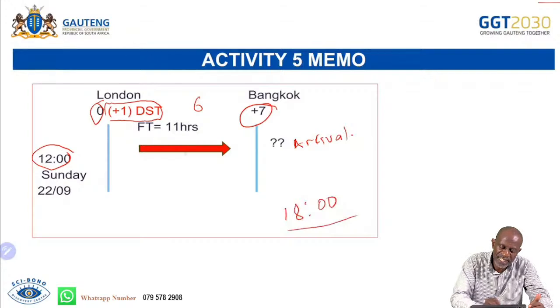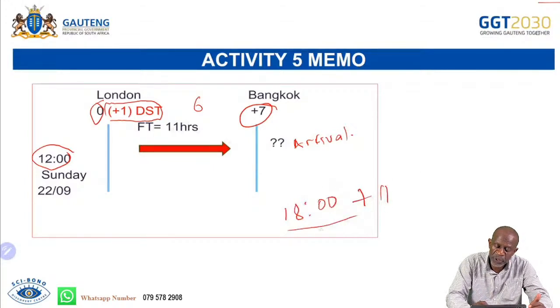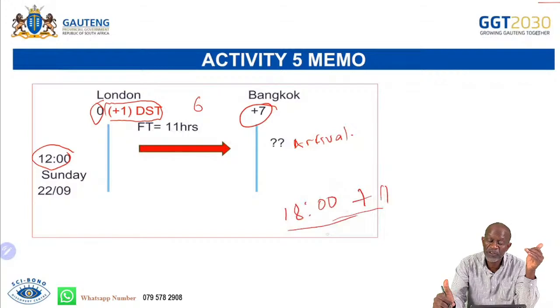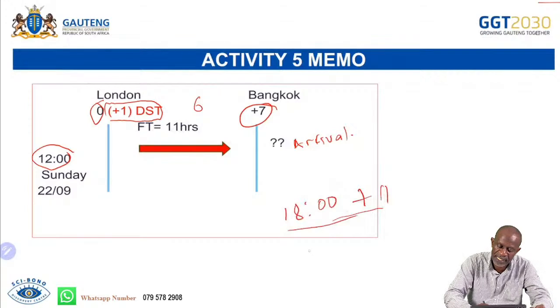Now, here is our flying time of 11 hours. So it is added to the answer, plus 11 hours. When you use the clock counting, because we are adding, you'd say plus 11, and as you count from 18, adding 11, you'd have 19, 20, 21, 22, 23, 24 hours, which is midnight, and then you'd have 1, 2, 3, 4, 5 of the next day.